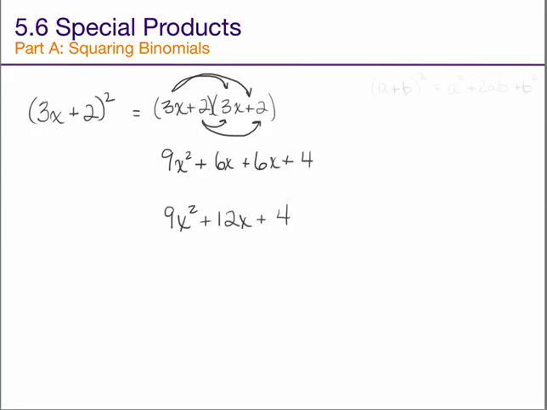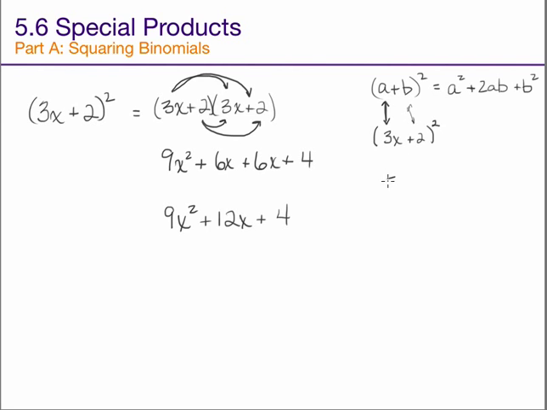Using the shortcut, recognize first of all what corresponds to what. A corresponds to 3x, all of this. B corresponds to just 2.